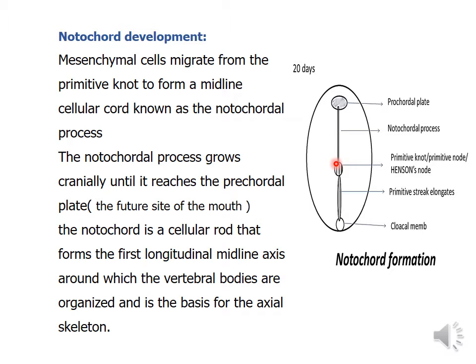And the notochord, when it is formed, forms the first longitudinal midline axis of the developing embryo, around which the vertebral bodies will be organized as the basis of the axial skeleton.